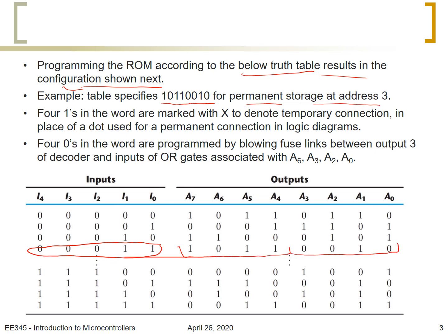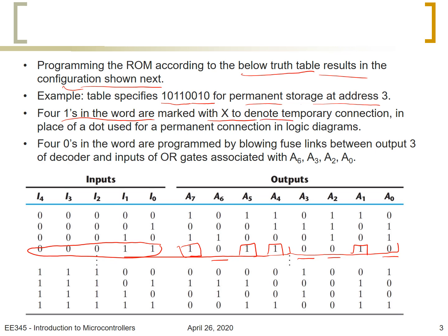this ROM location. Now, there are 4 ones here, which are in A7, A5, A4, and A1, and there are 4 zeros at locations A6, A3, A2, and A0. The 4 ones in the word are marked with X, as we will see.